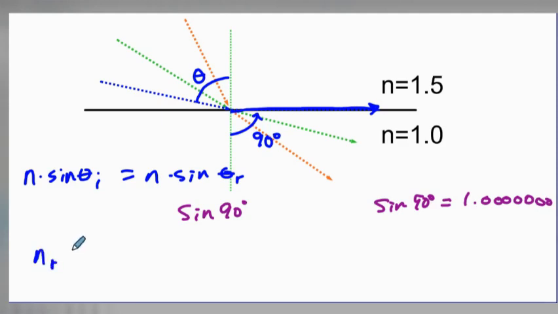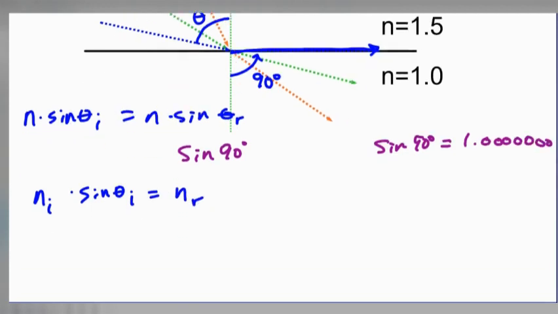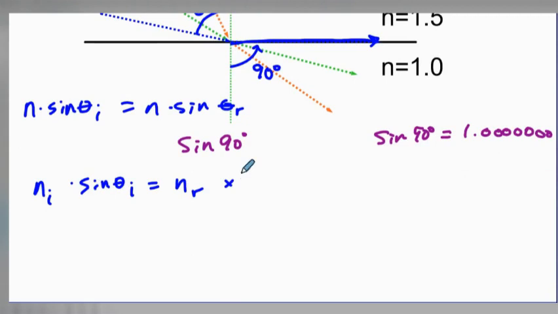So what we're always going to have here is the n of the refracted material times the sine. Oops, sorry, I said refracted material. It is the incidence material, the first one, times the sine of the angle of incidence, and that equals the n of the refracted, times 1. I don't really need to write in that times 1, because that's just going to be nr.